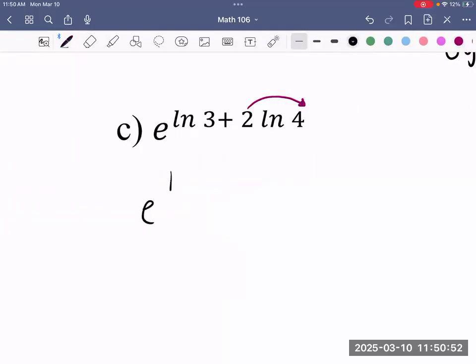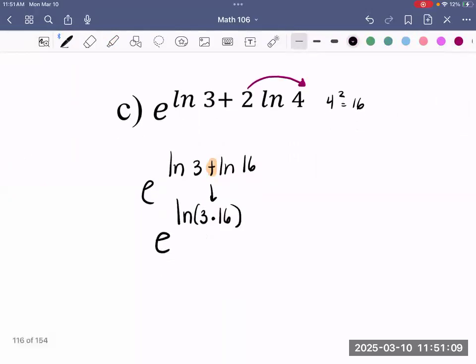So we have e to the ln of 3 plus ln, let's see, 4 squared, that's going to be 16. Now we have to take care of that addition sign, which turns into multiplication between 3 and 16 and writing one of your ln's. So we have e to the ln of 48. And because ln has a base of e, they are going to cancel, and your 48 drops.